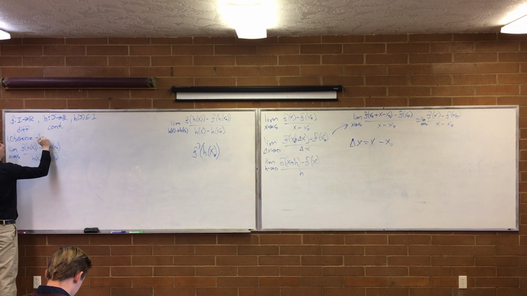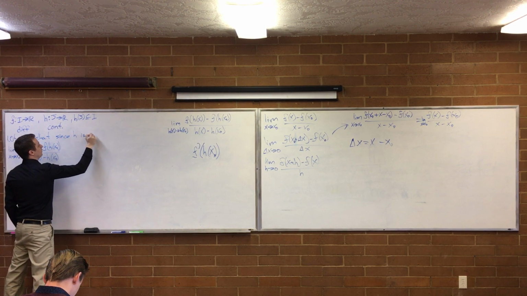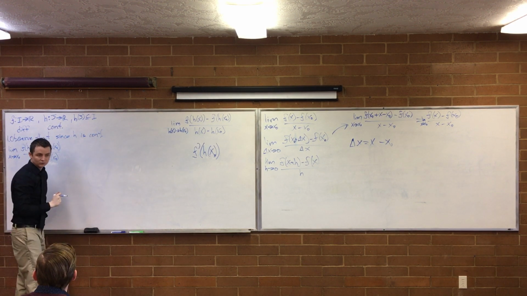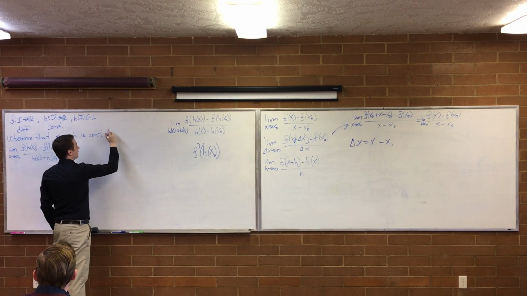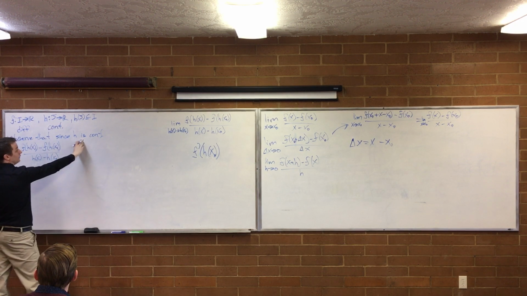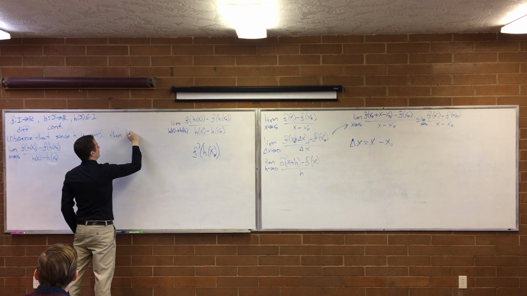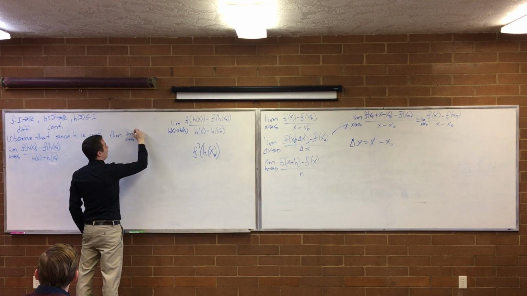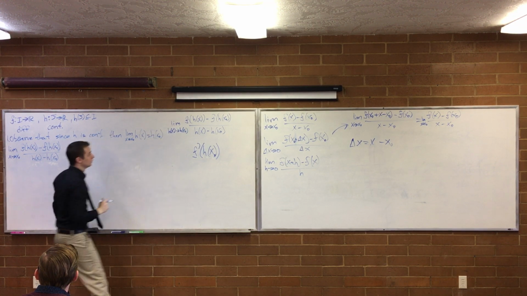So we know, here's what we're trying to evaluate, but we put before this, observe that since h is continuous, what does that mean? Since h is continuous, then the limit as x approaches x naught of h of x is equal to h of x naught.